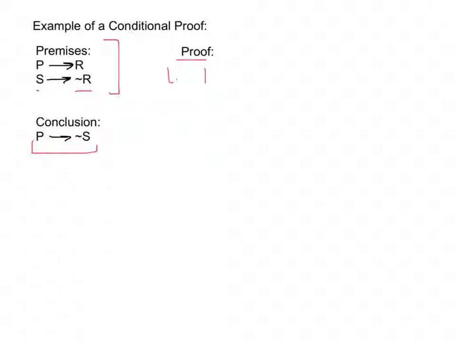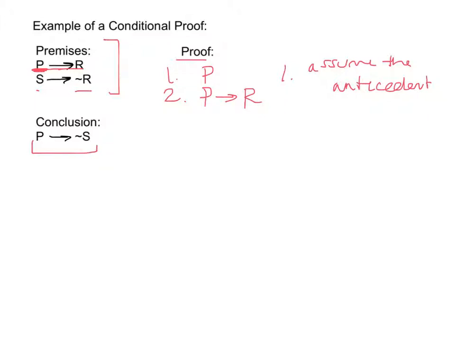We're going to start with 1, P, and the reason for this is that we assume the antecedent, which is the first part of our conditional statement, which is symbolized here. And then we say 2, if P, then R, and this is a premise.